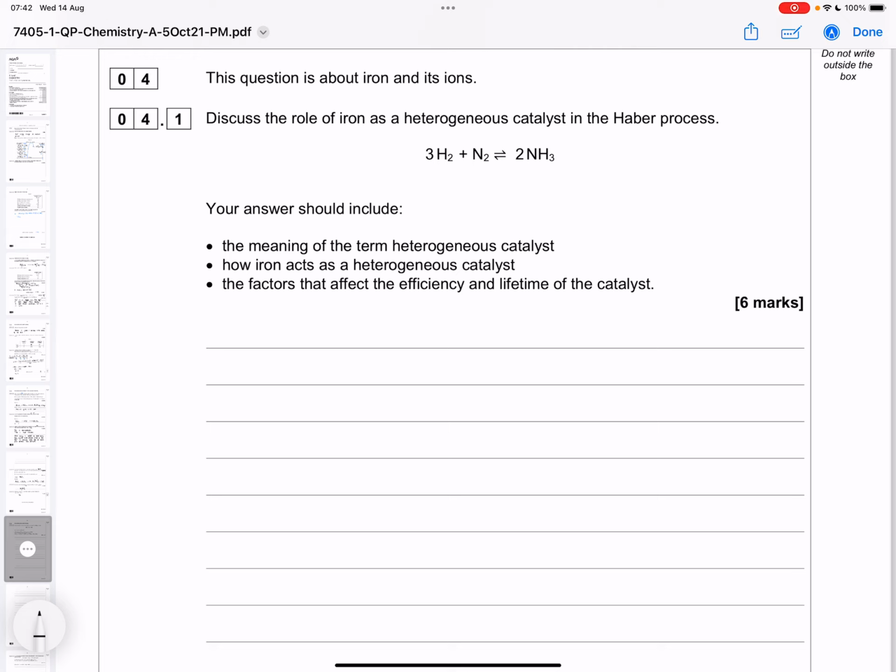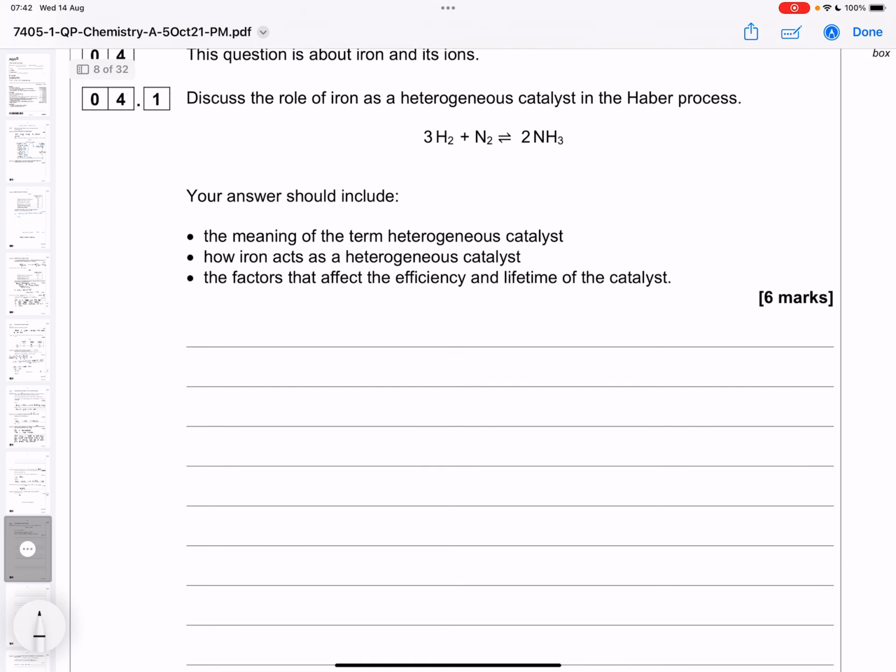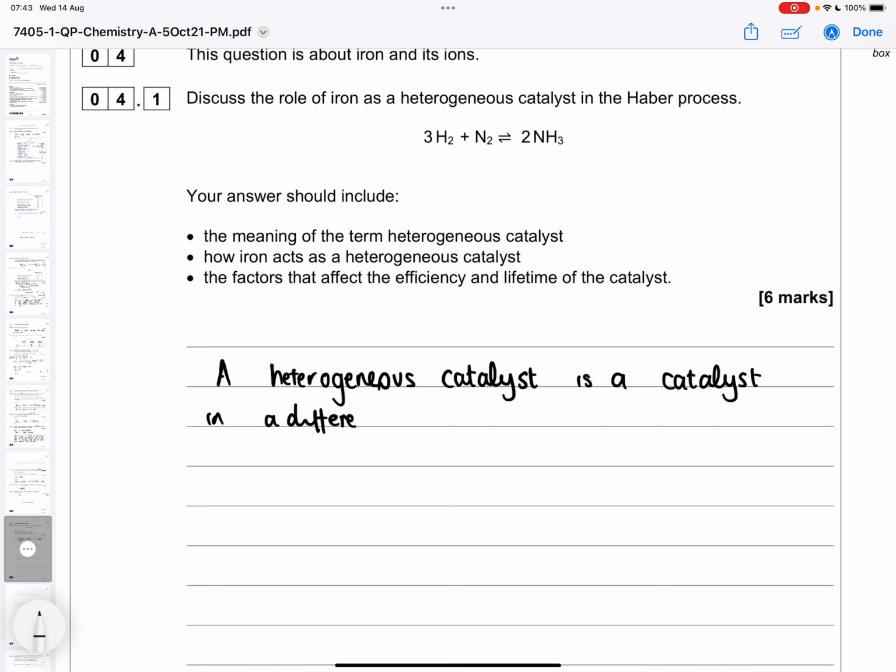So I'm going to start in order. The meaning of the term heterogeneous catalysis. So hetero meaning different. So a heterogeneous catalyst is a catalyst in a different, so there's the hetero part, state or phase to the reactants.